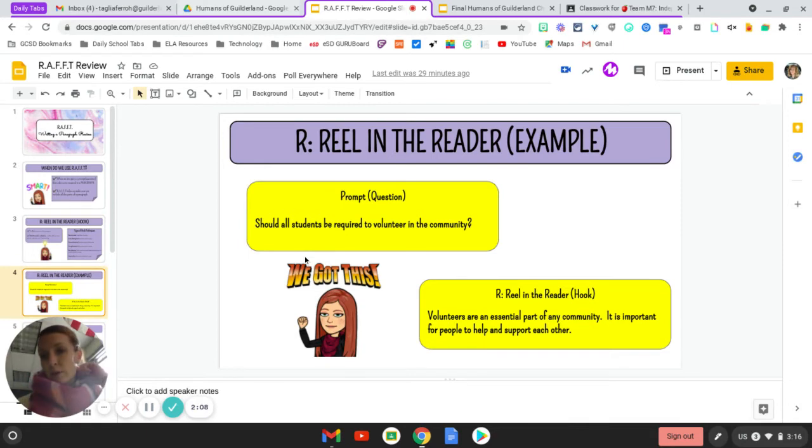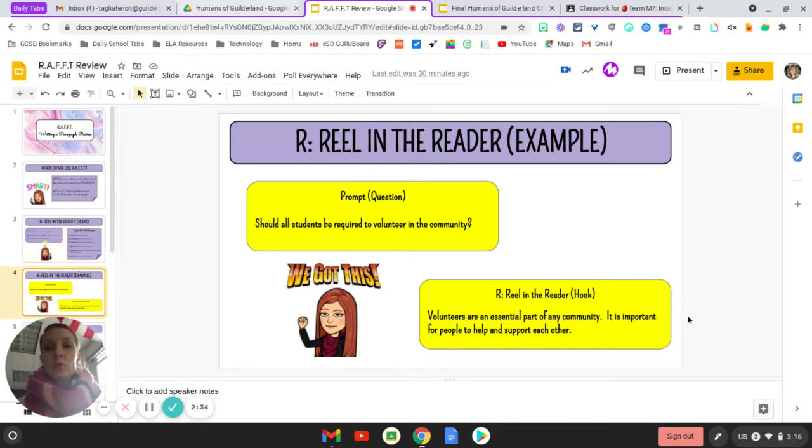Here's an example question: should all students be required to volunteer in the community? I need to write a sentence that will hook my reader, make them want to keep reading, and is connected to the question. The topic of the question is volunteering. So I need to write a sentence about volunteers and volunteering in communities that will grab the reader's attention.